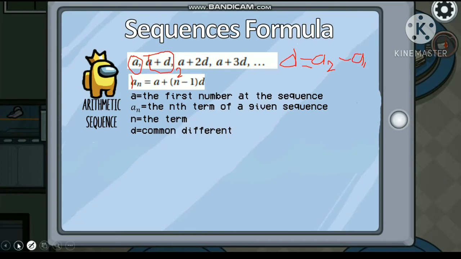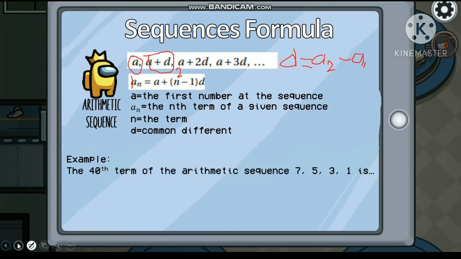Okay, next is the example. The 40th term of the arithmetic sequence 7, 5, 3, 1 is. Okay, first we search the common difference. We subtract 5 from 7, and then we get minus 2.